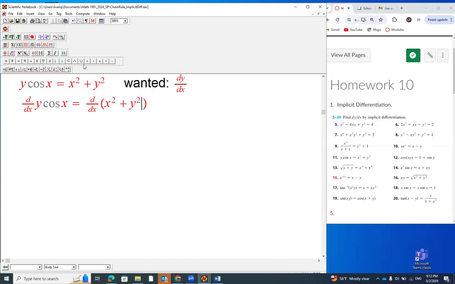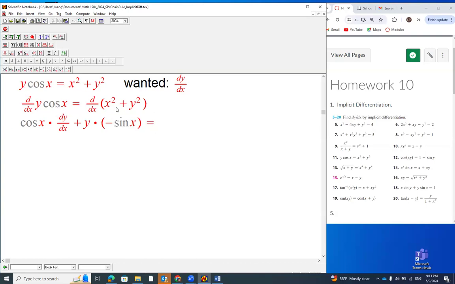On the left-hand side, differentiating y, we get cosine x, multiplied by dy/dx, plus y times the derivative of cosine x, which is negative sine x. The product rule is done.